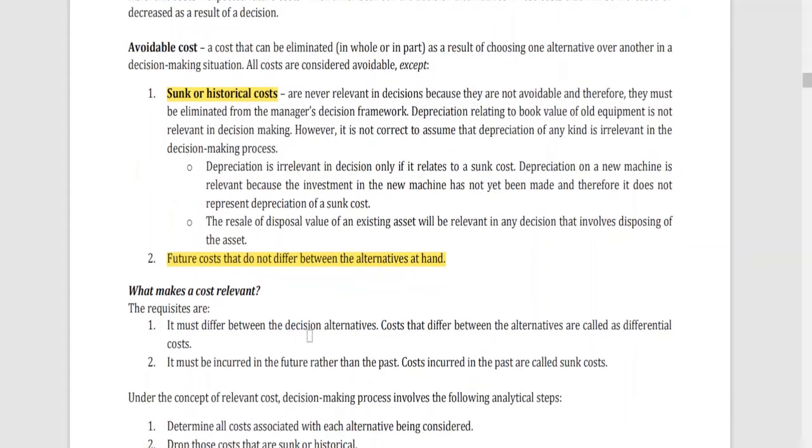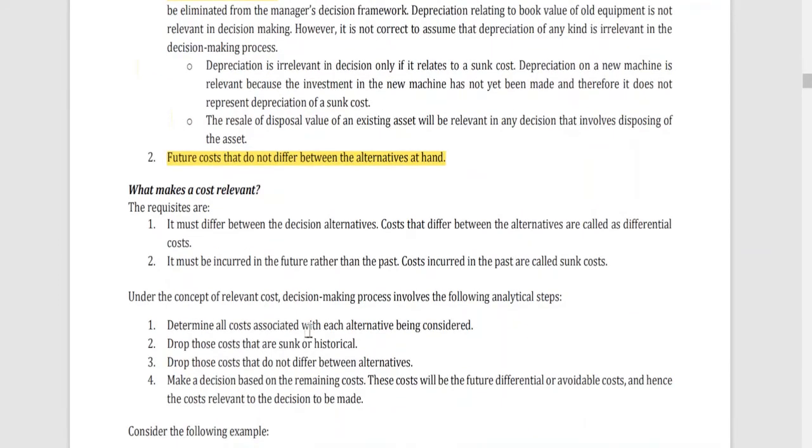Again, how do we know that a cost is relevant? Again, your requisite would be, or the requirements would be, it must differ between alternatives. Okay? So, dapat avoidable siya. So, costs that differ between alternatives are called as differential costs from the word different. So, dapat mag-differ siya between alternatives.